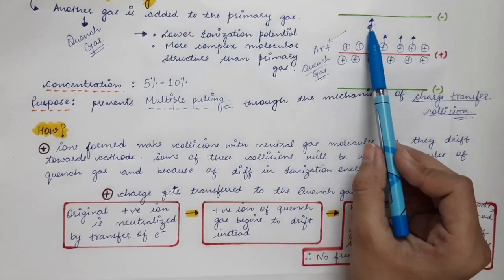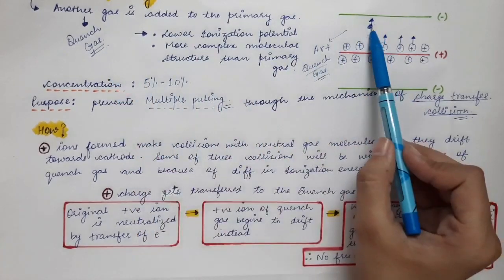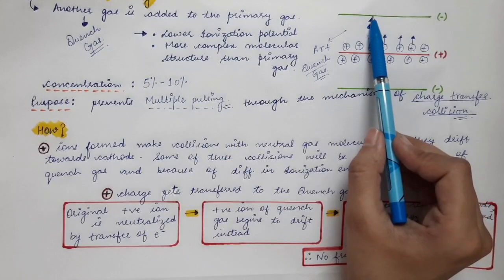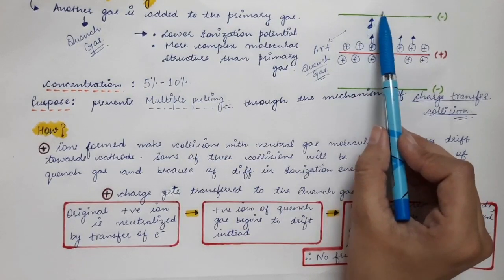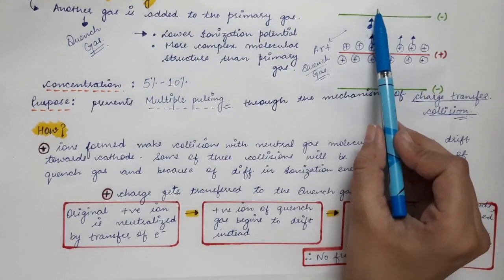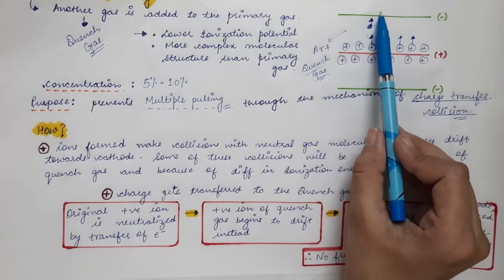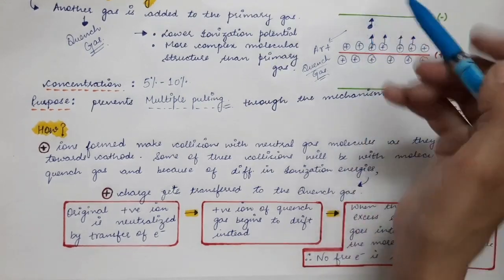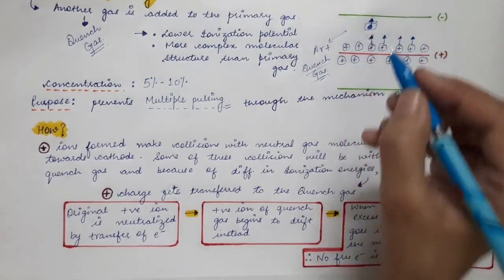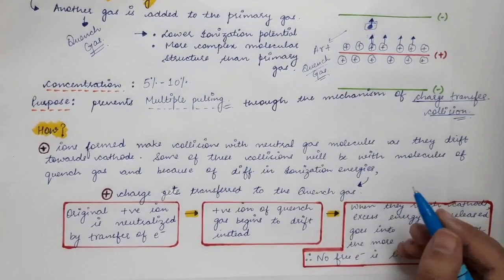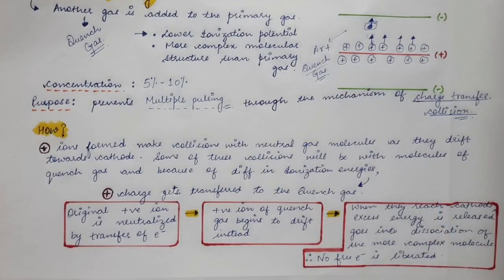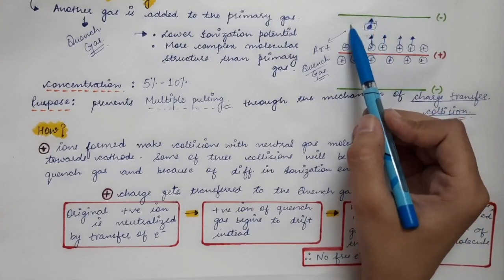When the ion collides with the cathode wall, the excess energy which is released is used in the dissociation of the molecular structure of this ion, and hence no free electron is released.